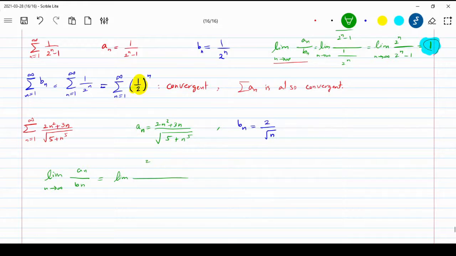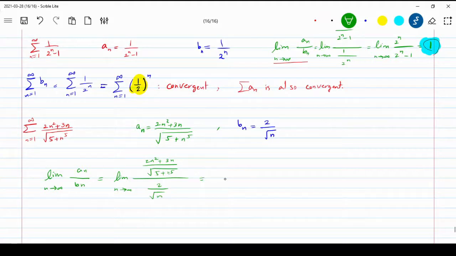Okay, you can calculate this either simply using the largest terms, or if you want, you can apply L'Hopital's rule, however you prefer. It's up to you. You can multiply root n to the denominator.